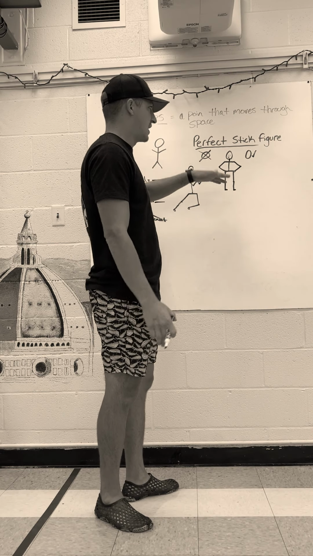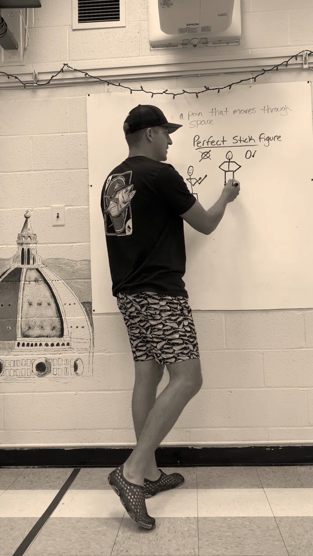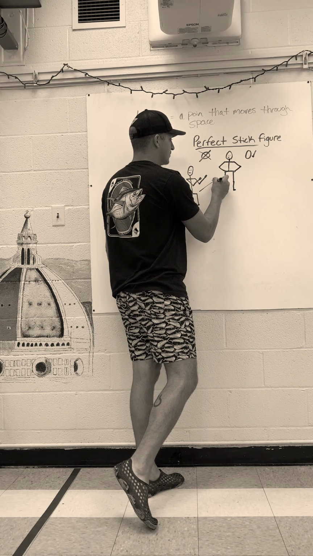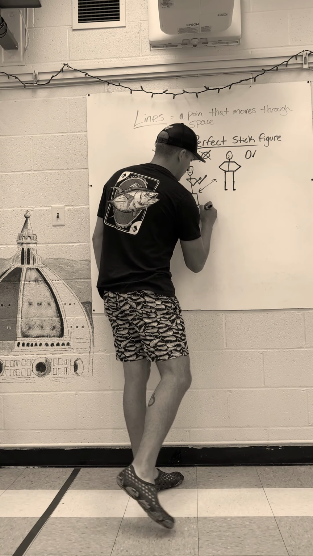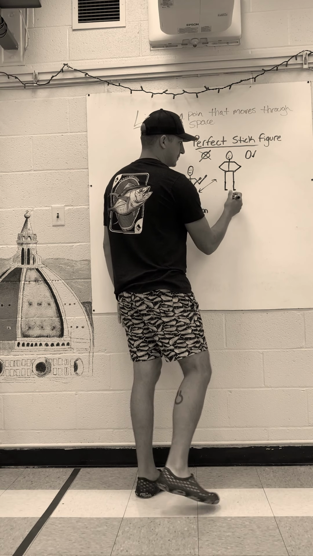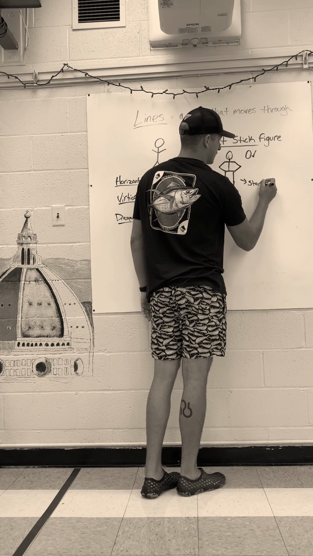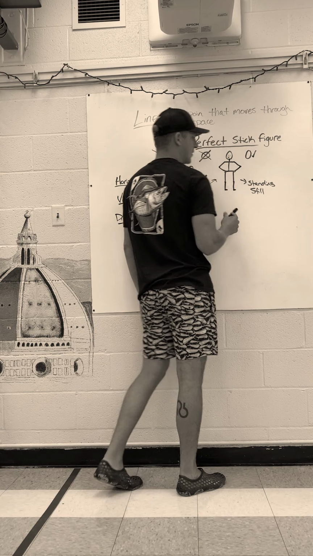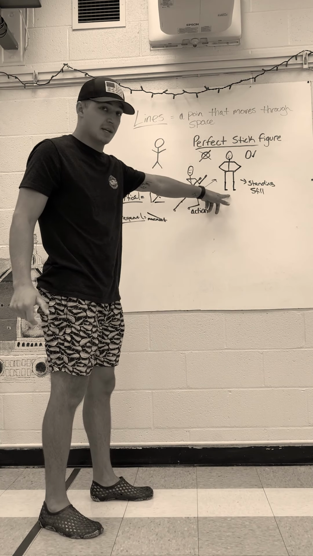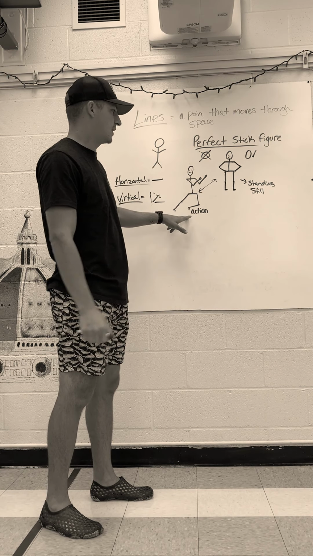He's got a lot of vertical lines. He's just there. He's powerful, he's strong, he's standing on his feet. So the difference between these two is one is in action, the other is standing still. So you can tell the difference between a standing still, being still, stick person, and then one in action.